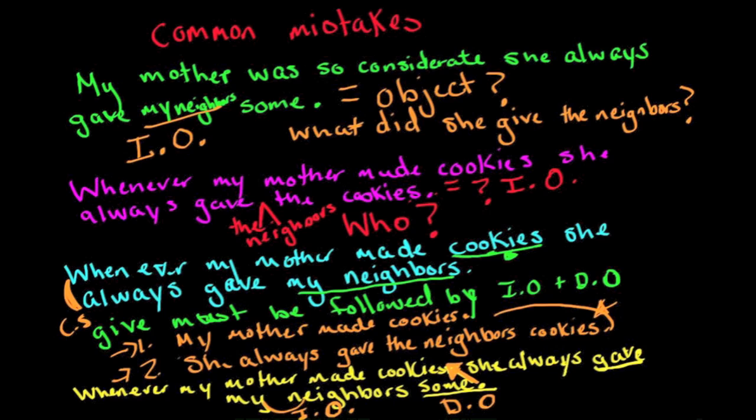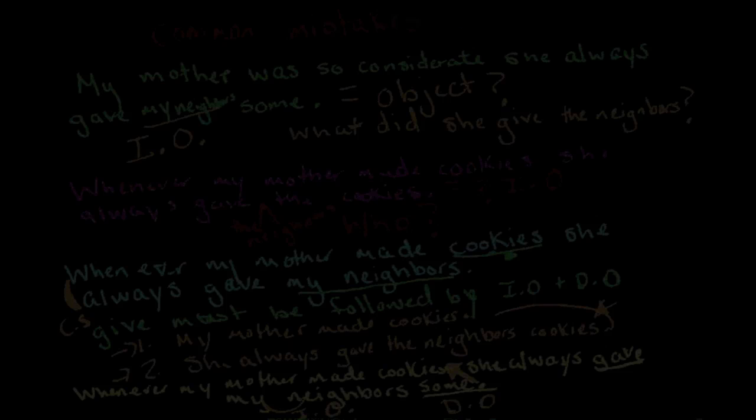So, one last thing with direct and indirect objects and verbs that use both the direct and indirect object. Some verbs that a student brought up just recently, like walk, usually doesn't have an indirect object.